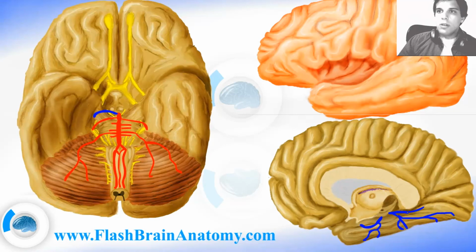Then we have the medial occipital artery. Remember, this was the lateral occipital artery. We have the medial occipital artery that goes something like this, and then we have the dorsal branch here. This is the dorsal branch of the corpus callosum. The main artery continues on in the calcarine fissure as the calcarine branch.